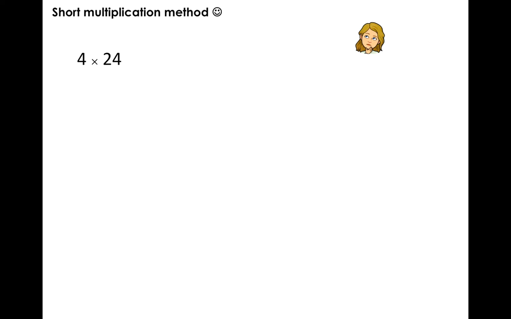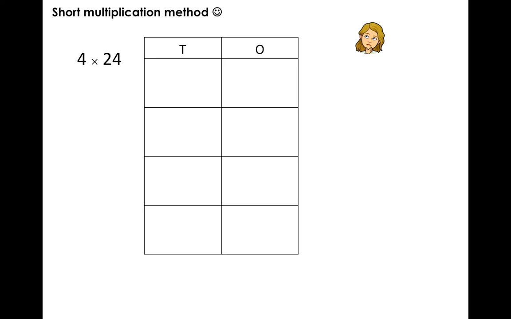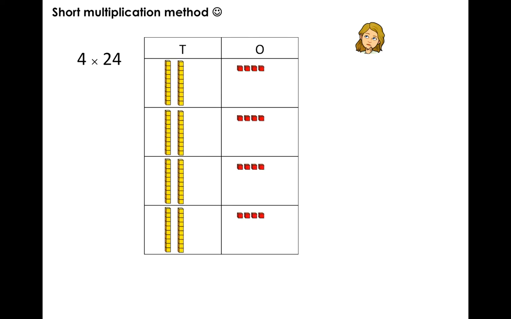Today we're going to look at short multiplication again. I'm going to talk you through some questions and give you some examples to help you. So 4 times 24 would look like this. We have 24, so 2 tens and 4 ones, 4 times, because we've got 4 groups, each with 24 in.